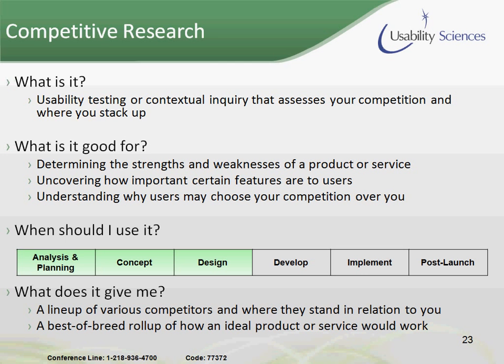So if you've got people looking at your competitors and you start seeing real enthusiasm about certain things, like, "Oh, I've got to have that way to blow up that image really big so that I can see it in a 360." Or you've got some features that you think are really hot, but people don't seem to really be moving them at all. It's also great for understanding why users may choose your competition over you.